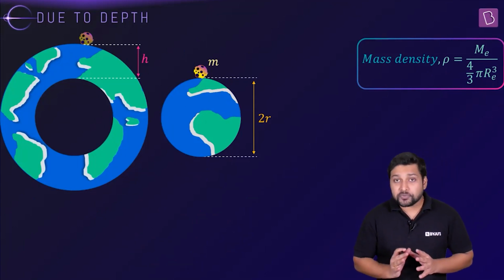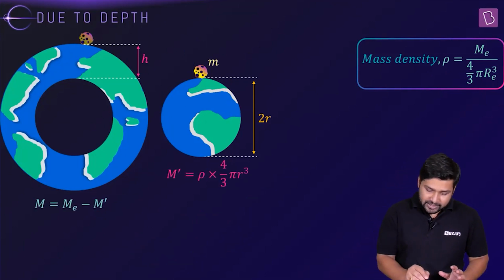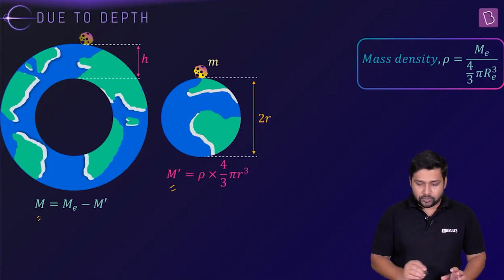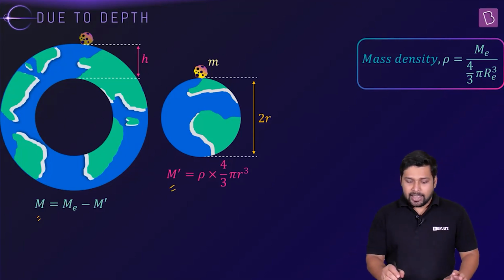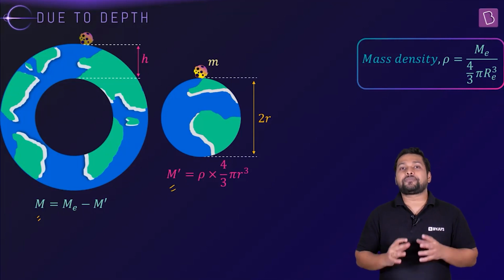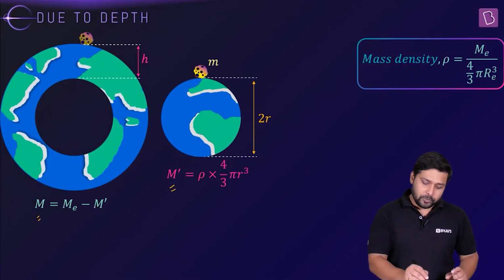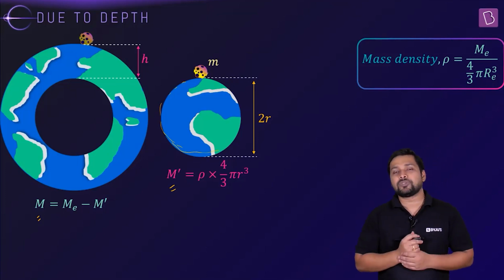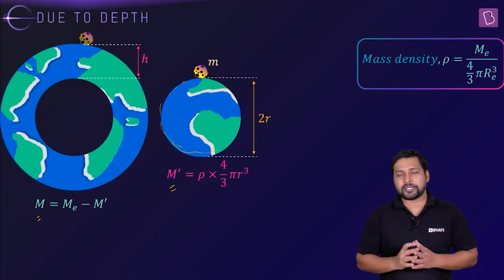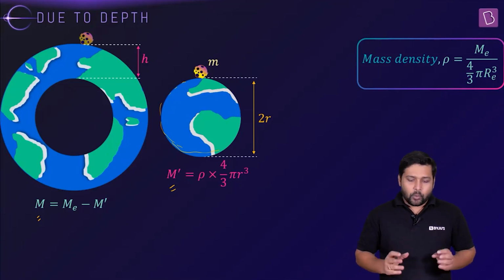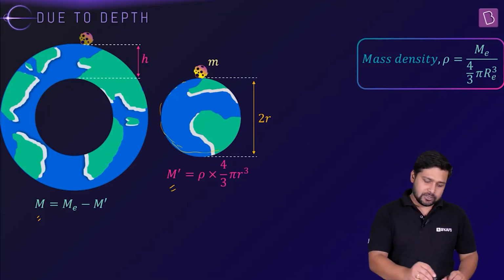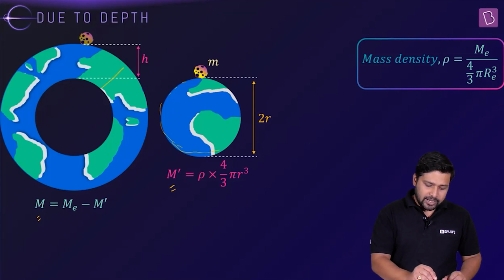So what all things have we got till now? We have written down the value of M dash, we have written down the value of M, and we know that the force of gravitation will be only because of this sphere which is beneath the object that you are considering. Why are we saying so? Because if you consider this particular sphere, take a chunk over here.